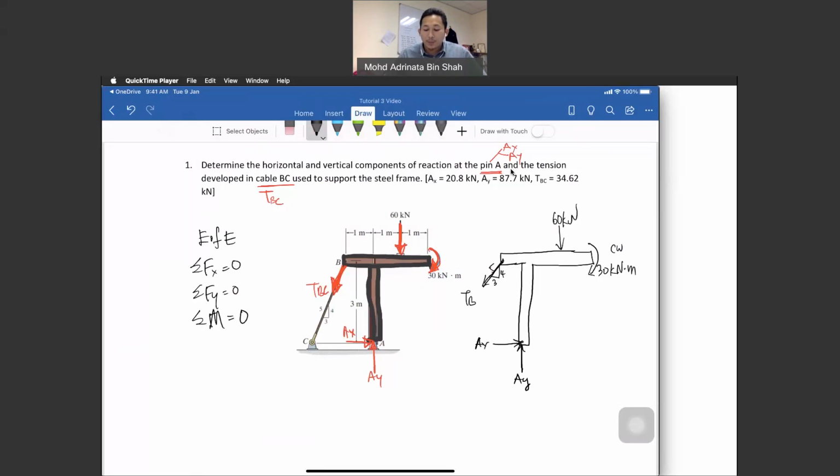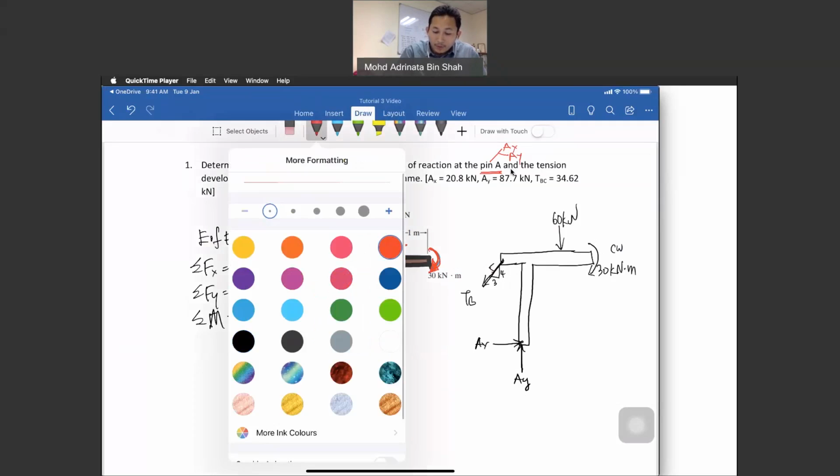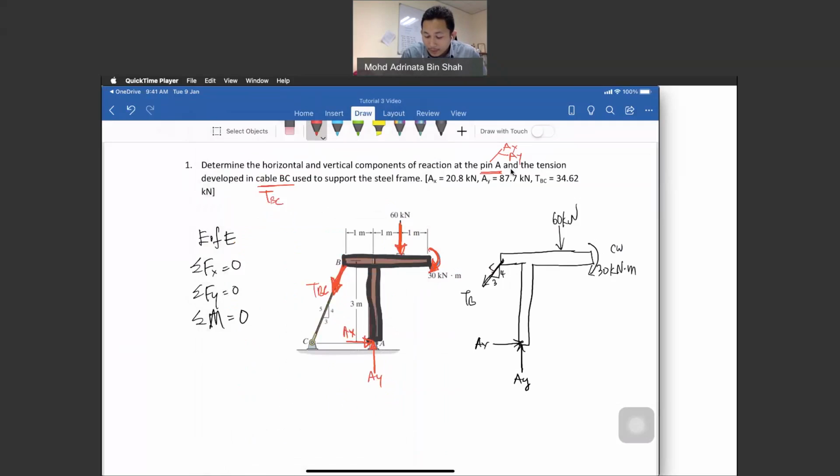So we need to break our force of TB. So we have actually force in X and Y direction. So we have here on X direction is TB times 3/5, and we have here TB 4/5.